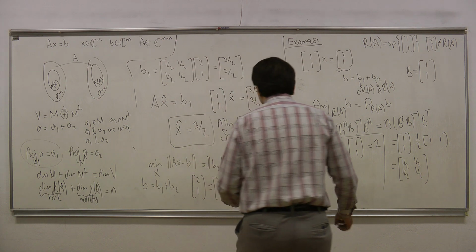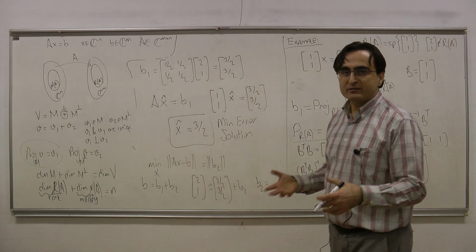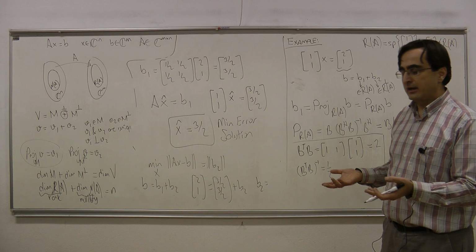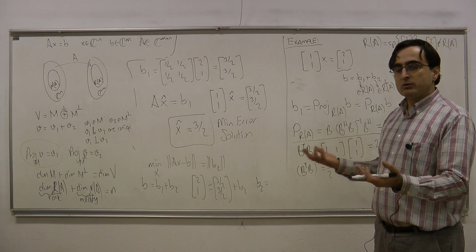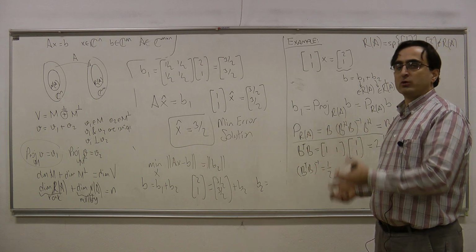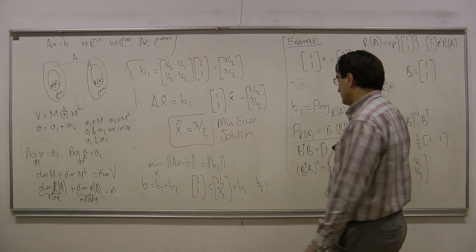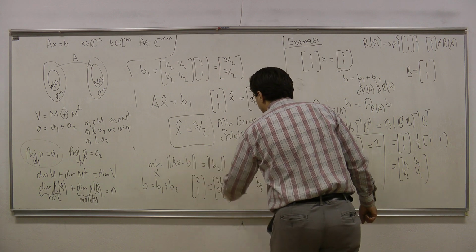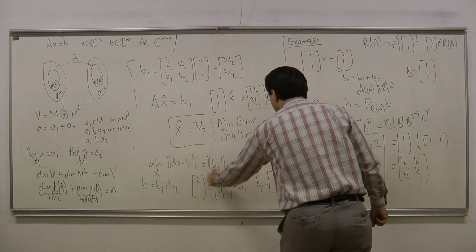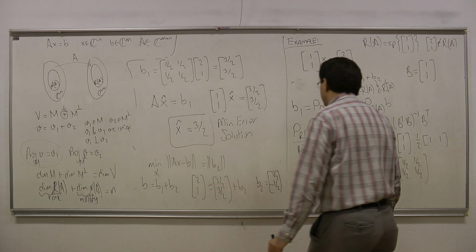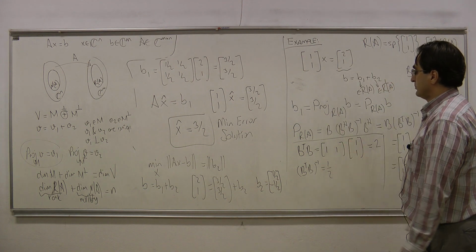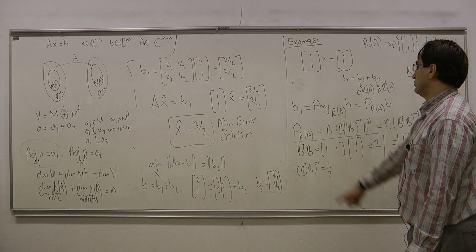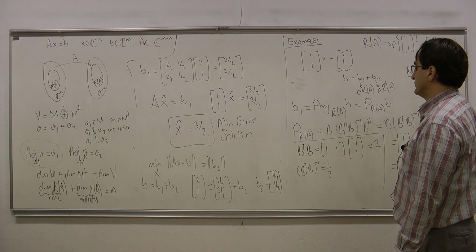Okay? So if you subtract the projected vector onto the range space of A from the actual vector, you will get the projection onto the orthogonal complement of the range space of A. Then B2 is going to be here. This is 4 over 2, so I have 1 over 2, and I have minus 1 over 2. Okay? This is the projection of 2, 1 onto the orthogonal complement of the range space of A.